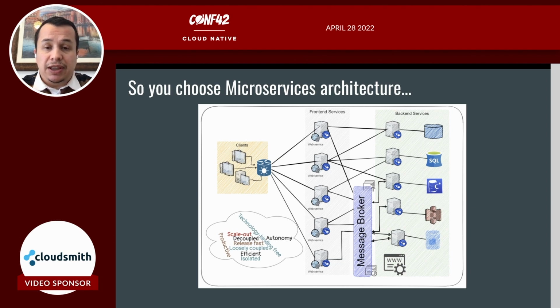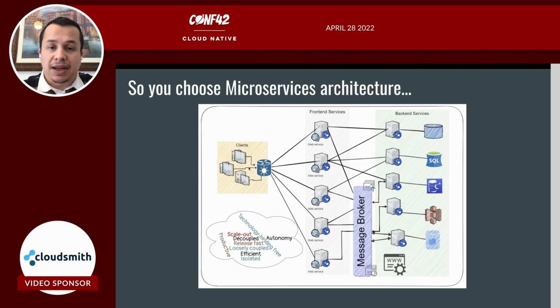Firstly, you will have multiple different technologies running in different environments, and you need to make them run stably and reliably without any issues. You might have front-end services and back-end services that are talking to each other.